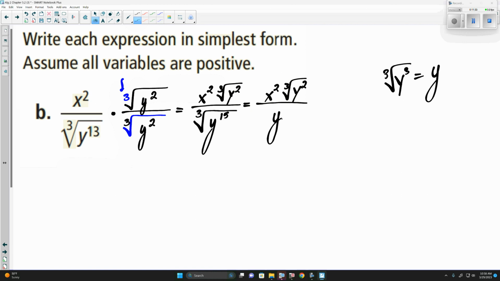Now the cubed root of y to the 15th, how many groups of 3 can we take away from 15? Or 15 divided by 3 is? Yes, because the cubed root of y to the 15th as a rational exponent would be y to the 15th over 3, which is indeed y to the 5th.